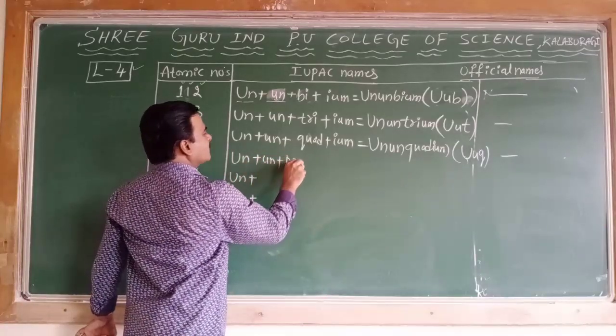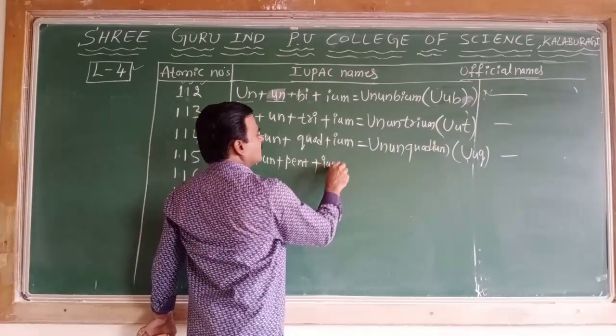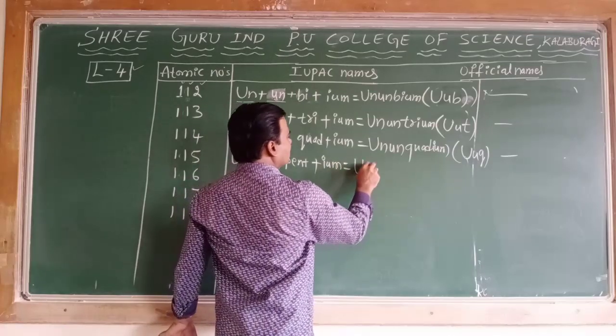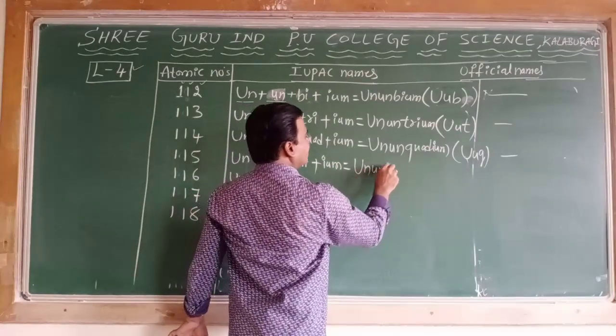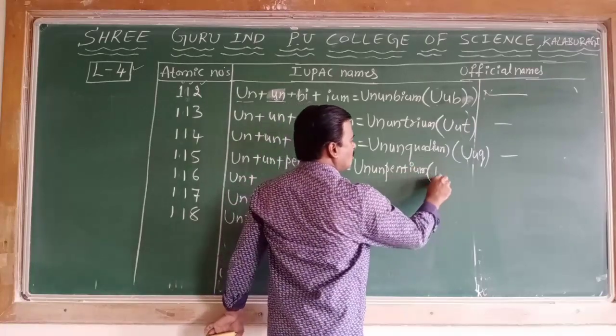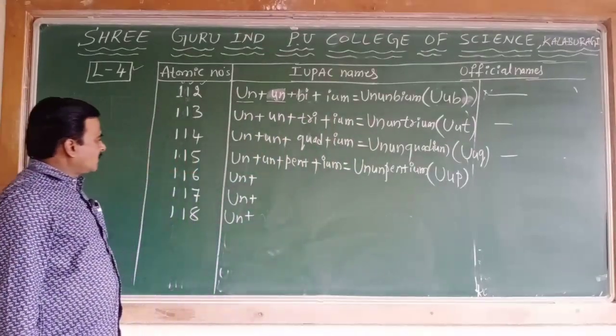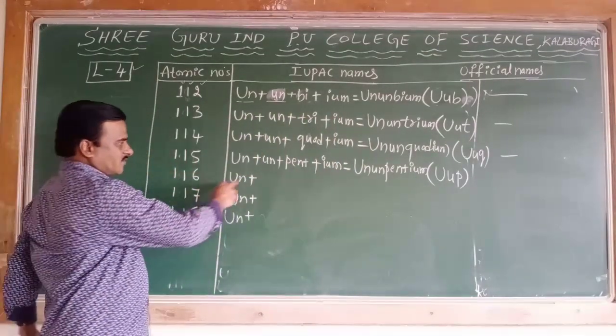115: un, un, pent plus ium. This is ununpentium, symbol Uup. Next 116, quickly.